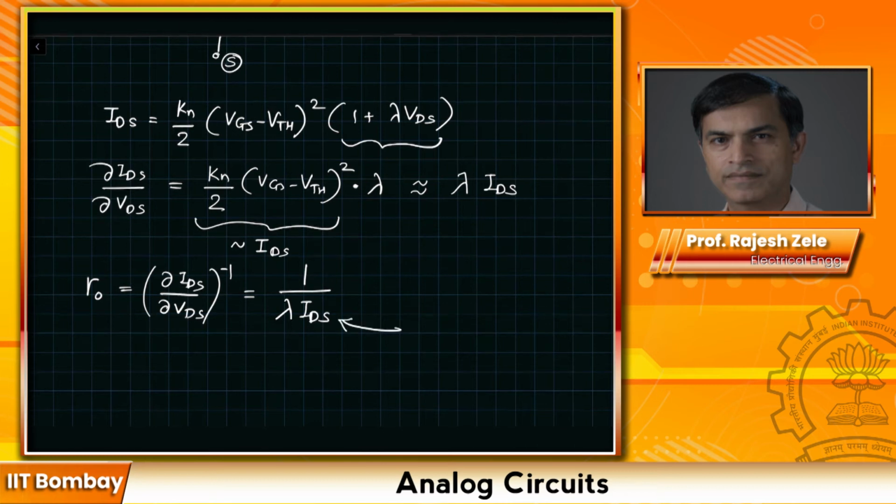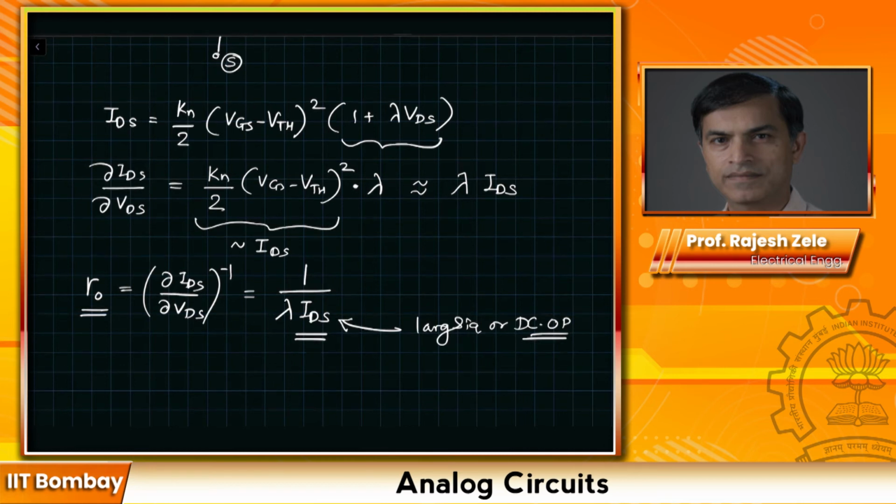Again, IDS here is the large signal or DC operating point, and this R out that we have is a small signal output resistance. What this is telling us is, if you increase the DC operating point current IDS, then our small signal output resistance R out will reduce.